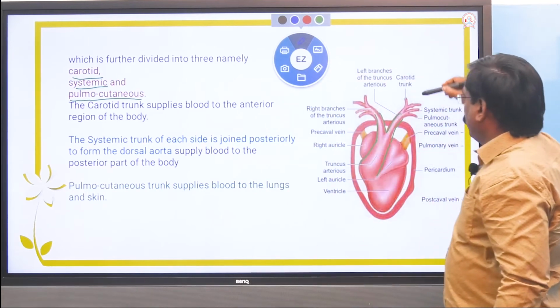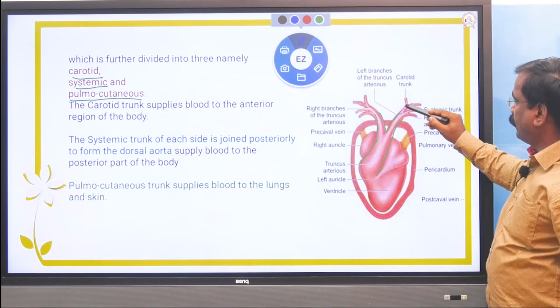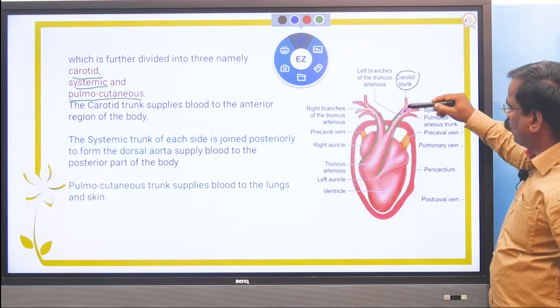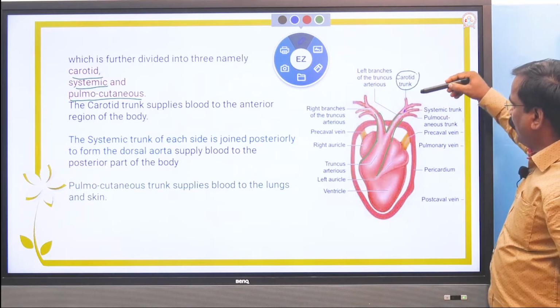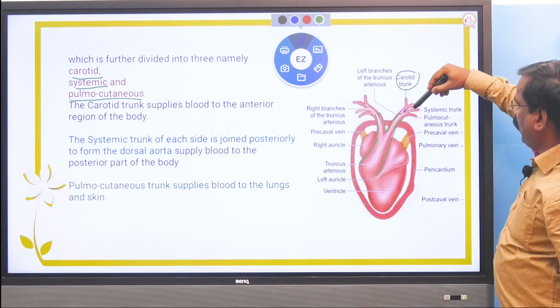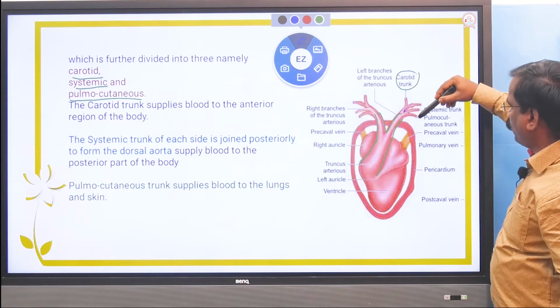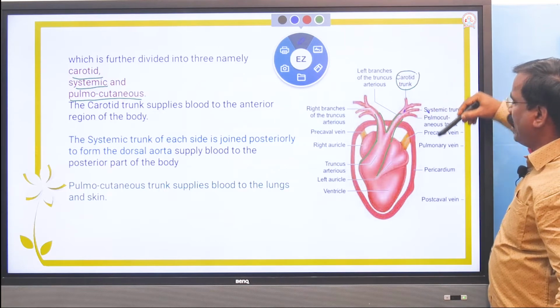So this first one is the carotid trunk, then the next is the systemic trunk, the middle one, and the lowermost is the pulmocutaneous trunk.